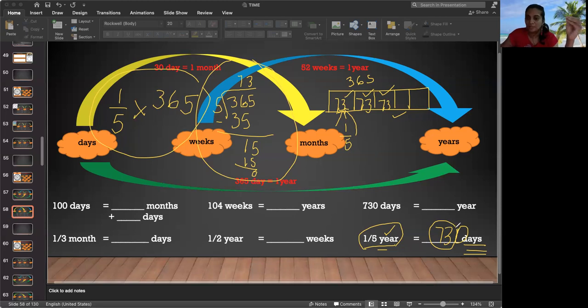Does your answer make sense? If you wrote here that 730 days is 1/5 of a year, remember 1/5 is less than 1. That's what you learn. 1/5 is a proper fraction, which means it is less than 1. If I were to draw 1/5, this much is 1/5. How can this be more than a year? So always question and look at your answers.